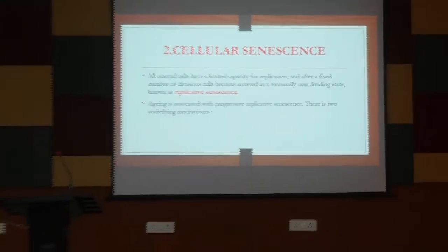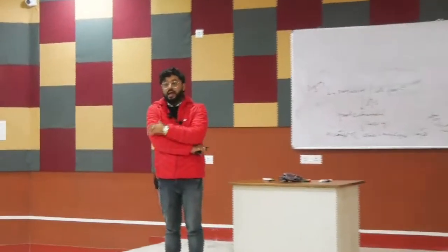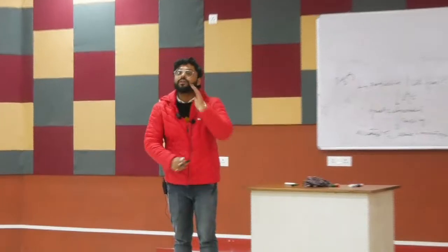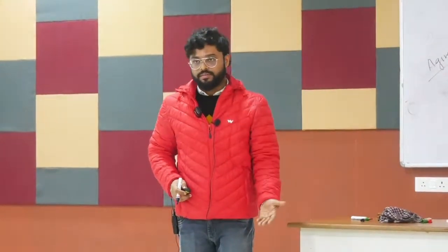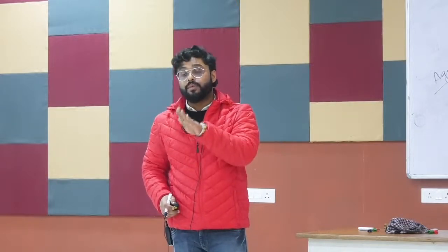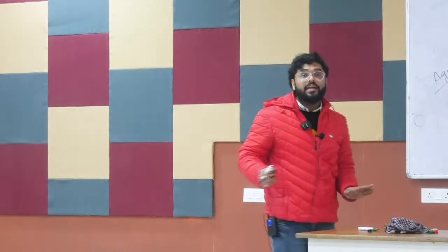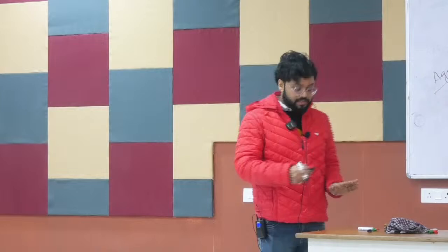Cellular limited capacity of division. After that capacity is over, the cell will go into a stage of stationary or permanent phase. This is known as cellular senescence. Simply. Why is it also known as replicative senescence?